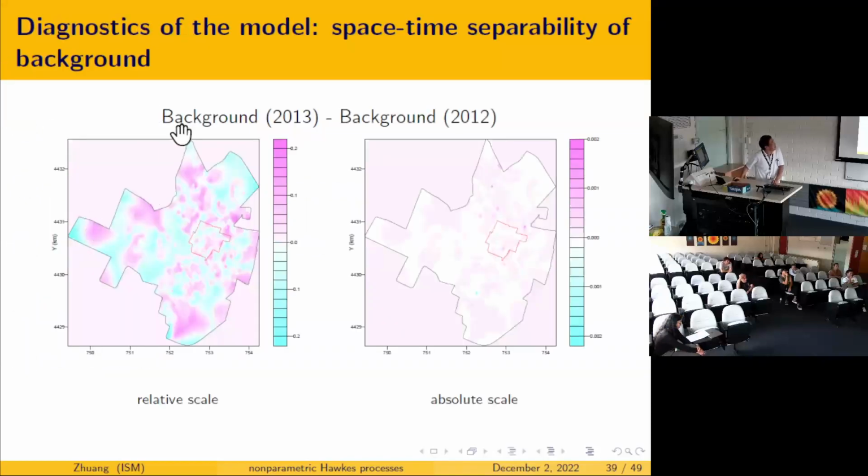What we do is reconstruct the background for the first year and for the second year, and then take the difference. And what we find is that the difference is quite weak. This means the separation of the spatial part and the temporal part in the background is quite reasonable.